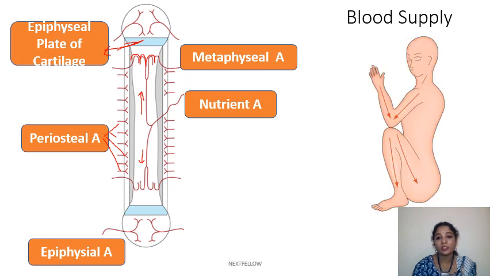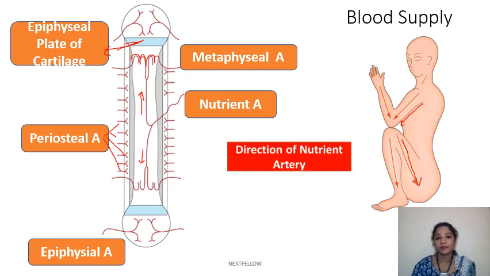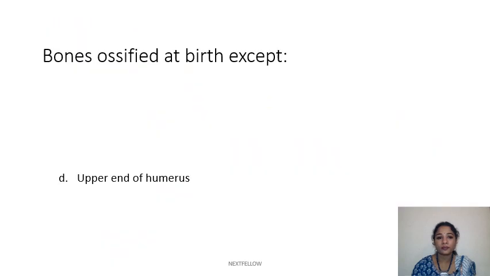In this image we can see the direction of the nutrient artery: towards the elbow, just opposite to the growing side, and away from the knee. To remember, towards the elbow I go and from the knee I flee. That is the direction of the nutrient artery.